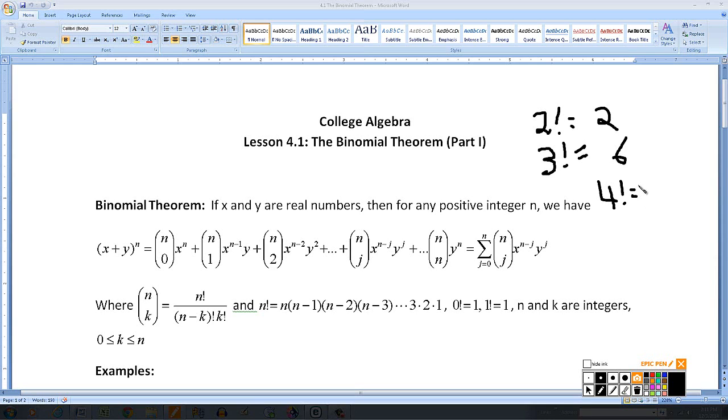Either way, that gives you 24. 5 factorial, again, it's just the product of consecutive integers from 1 to 5. So 1 times 2 times 3 times 4 times 5, that's 120. So that's the way it works.